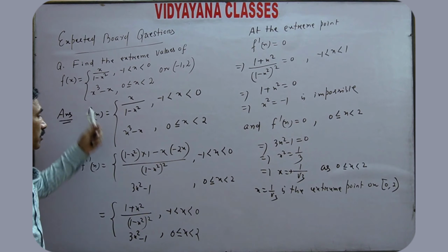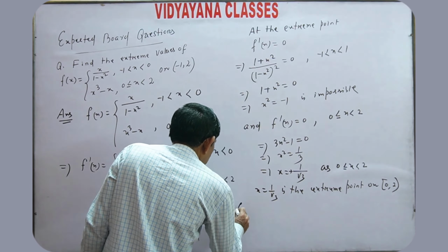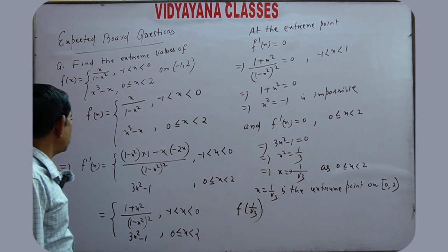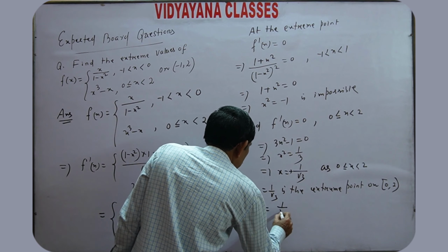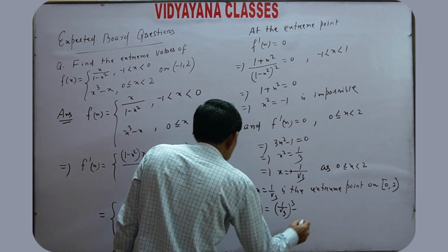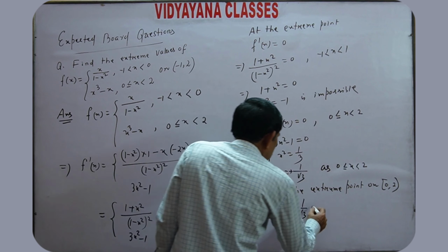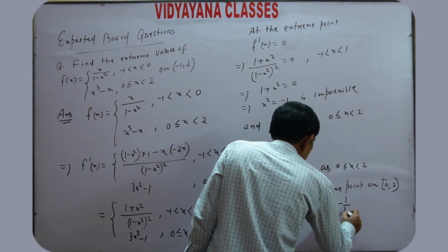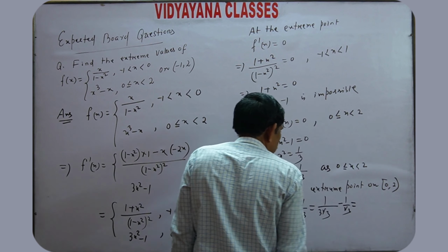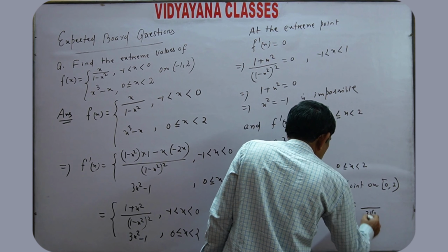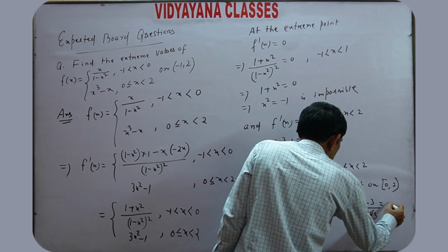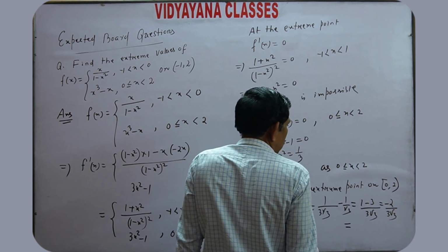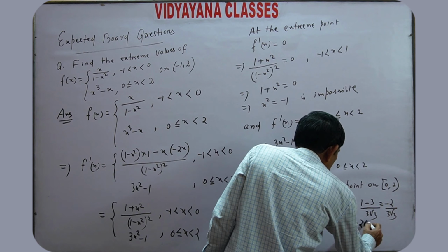Find the extreme values. The value can be obtained from the function f of 1 by root 3, which is equal to 1 by root 3 whole cube minus 1 by root 3, which is equal to 1 minus 3 divided by 3 root 3, which is equal to minus 2 divided by 3 root 3, which is same as minus 2 root 3 divided by 9.